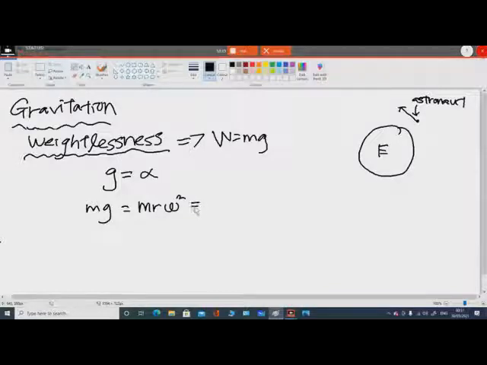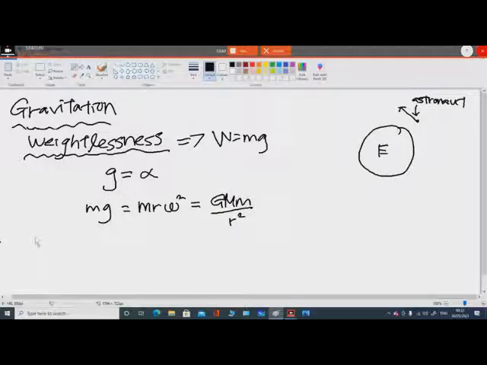The centripetal force is equal to our gravitational force as well. This is how we explain weightlessness. Alright, that's it for weightlessness.